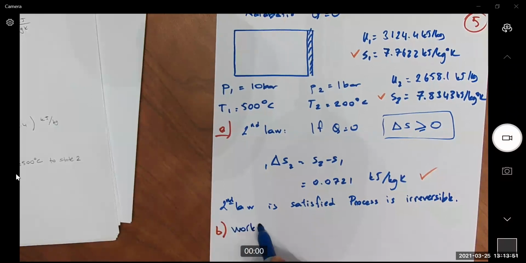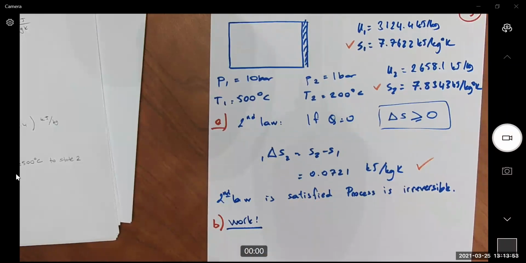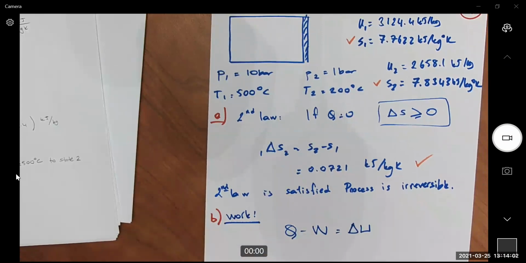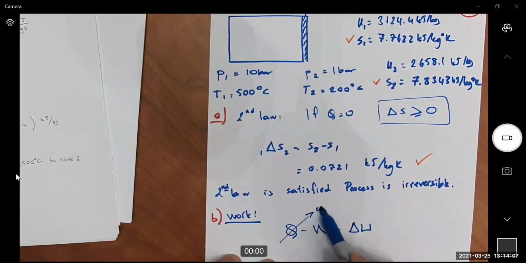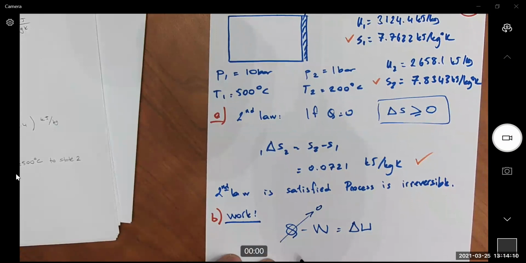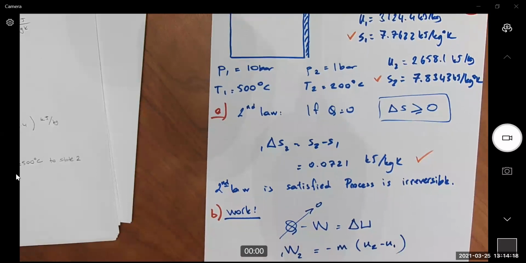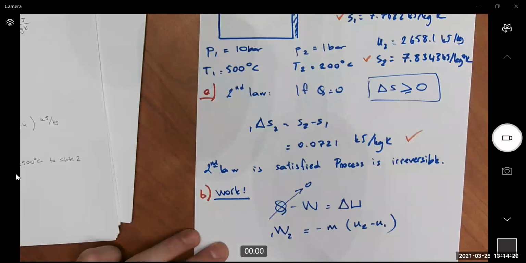Okay. B. I'm asked to calculate work. Work equals delta E, stored energy in the system, and Q in this case is 0. Work from state 1 to state 2 will be equal to minus m times U2 minus U1. I know my U2, I know my U1, and I also know my mass, it's given in the problem.